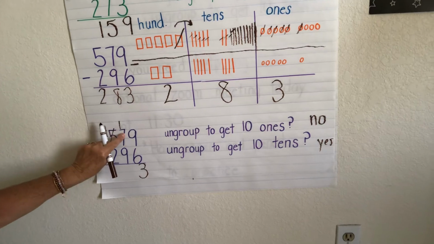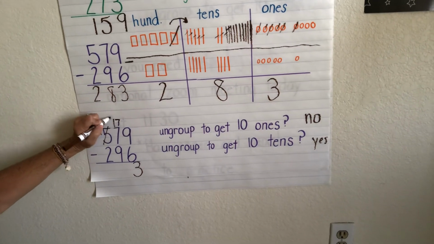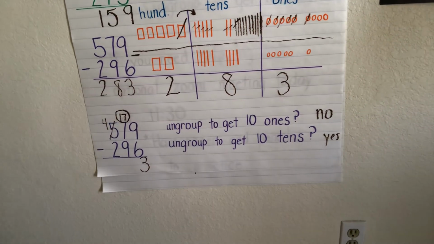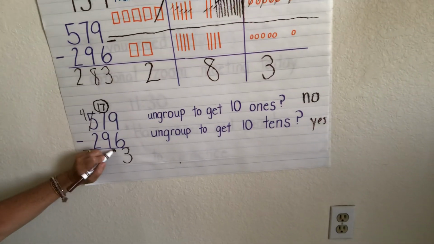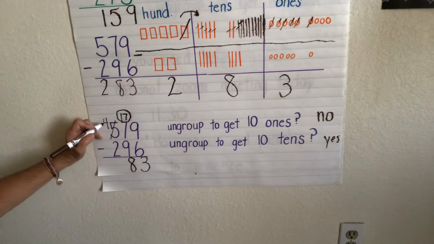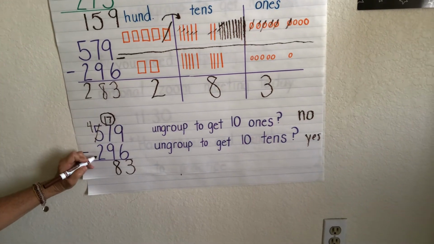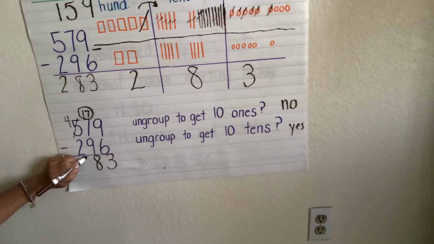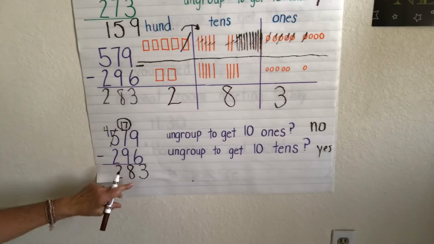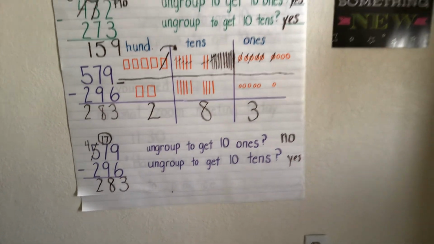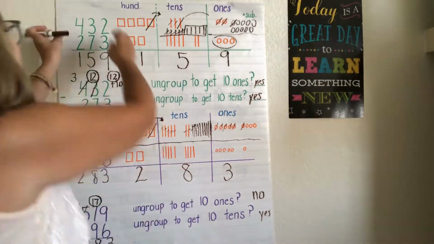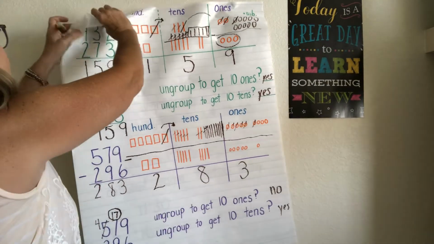I'm going to add that to the 7 and I get 17 tens. 17 tens minus 9 tens is 8 tens. And 400s minus 200s is 200s. So this answer is just like it is above with 283.